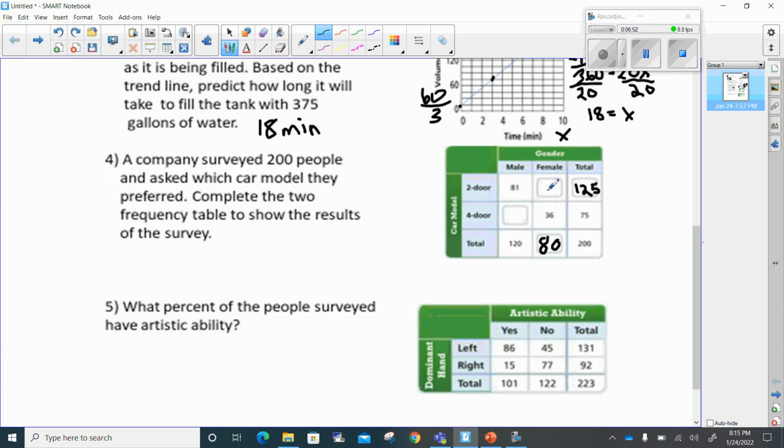Now we can solve these other ones. What plus 81 will equal 120? Well, 120 minus 81, that's going to be 39.